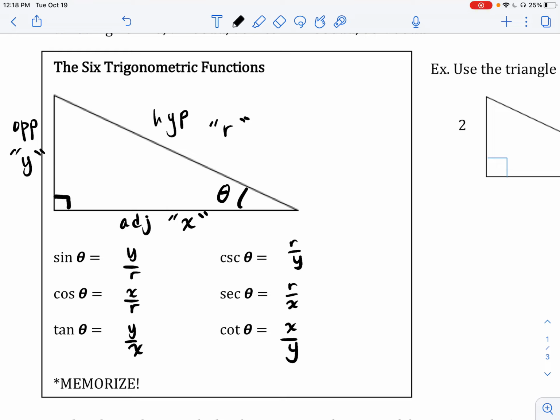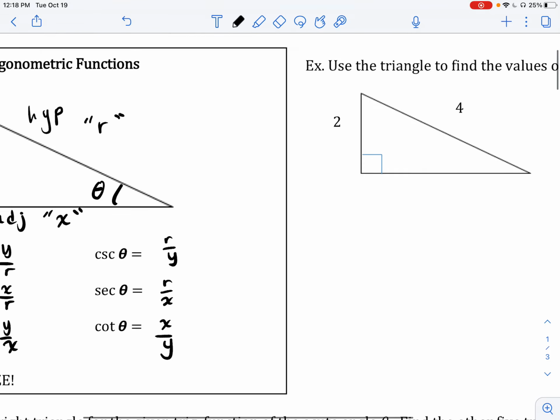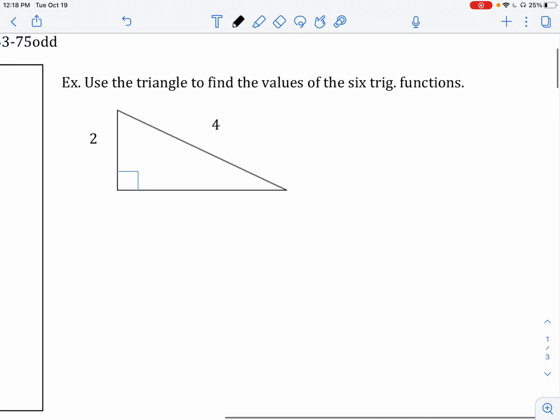So with that in mind, let's try to find the values of the 6 trigonometric functions if we're given only information about the side lengths of a triangle. So suppose this is my angle theta. You'll notice I don't know what theta is, and honestly, it doesn't matter.